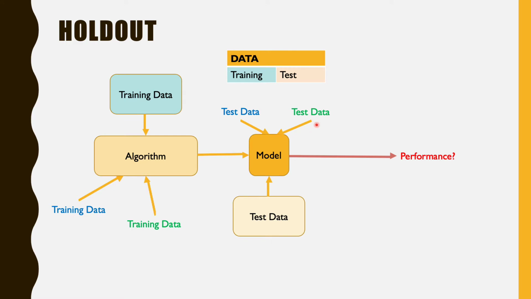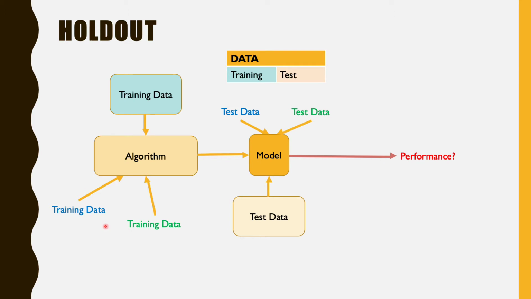So at the end, you have several performances: one from the blue data, another from this one, and another from the green test set. If I split the data in another way, I would have another training and test set corresponding to the blue one or the green one in another distinction.